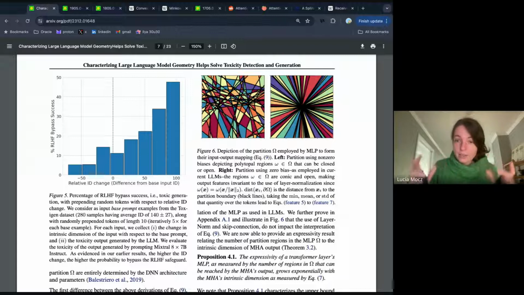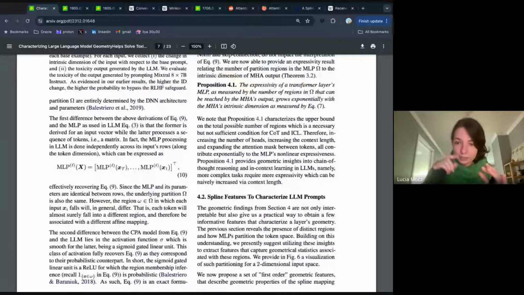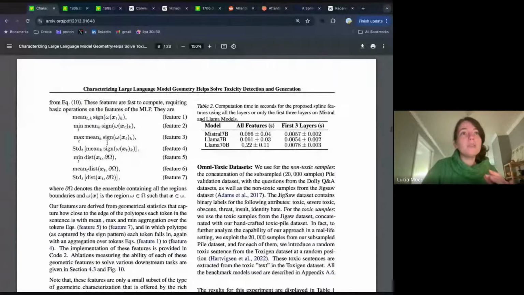If you have higher attention, you're going to fall into more regions over here. You use the regions that your prompt has fallen into in these splines, and you take these features to be able to make predictions.